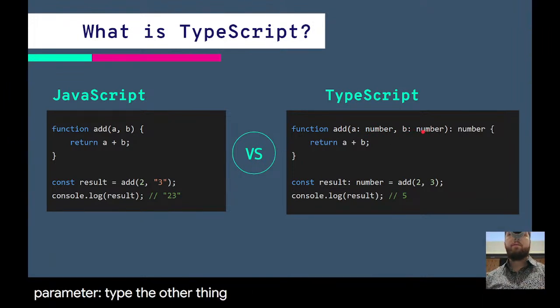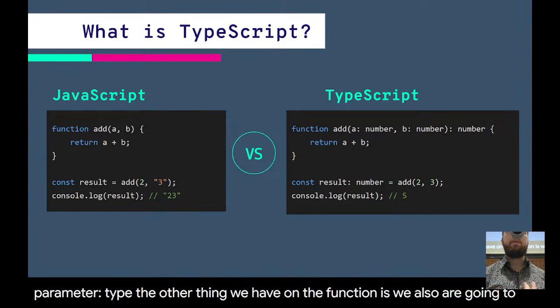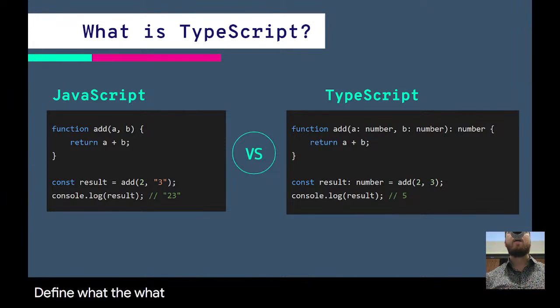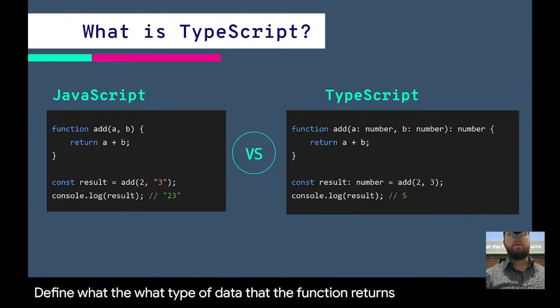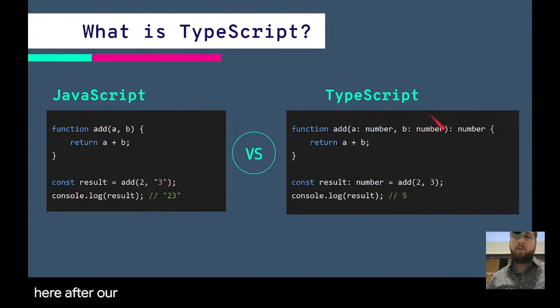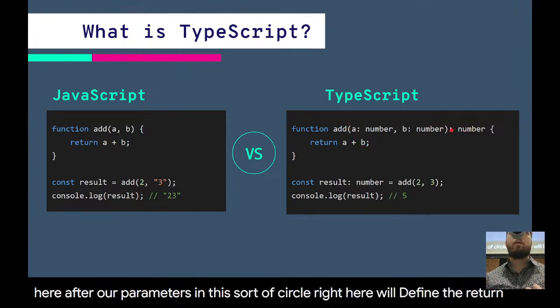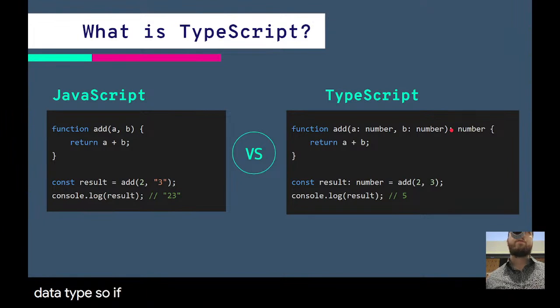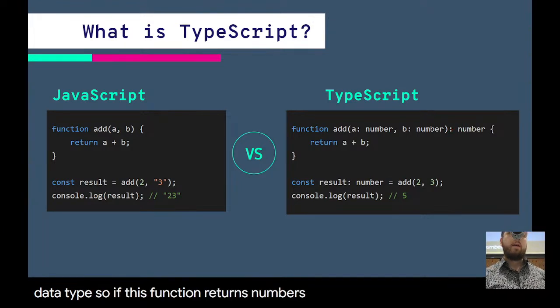The other thing we have on the function is we also define what type of data the function returns. So here, after our parameters, in this sort of circle right here, we'll define the return data type. If this function returns numbers, we're going to say that it returns numbers.